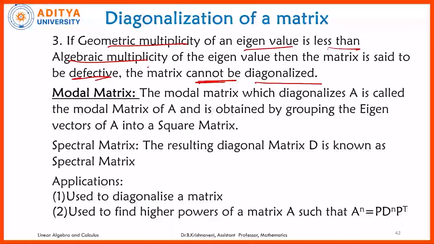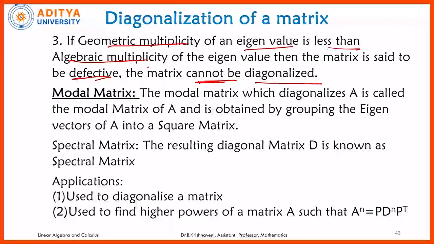This is the condition we can easily check to see whether the given matrix is diagonalizable or not. We need to check that the geometric multiplicity is equal to the algebraic multiplicity for each eigenvalue of the given matrix; then only the matrix is diagonalizable. Otherwise, if it is less than the algebraic multiplicity, the matrix is not diagonalizable.